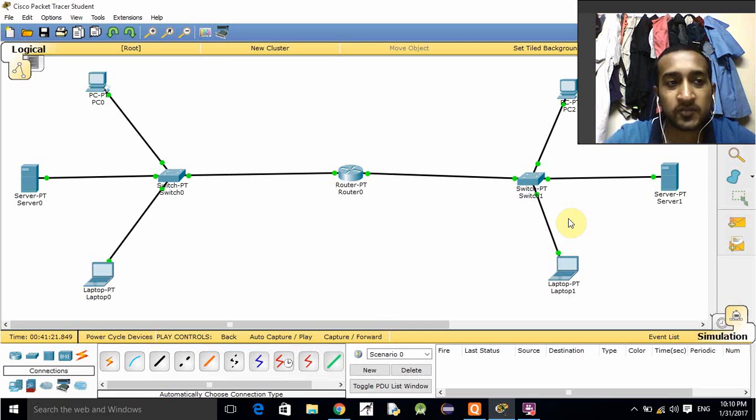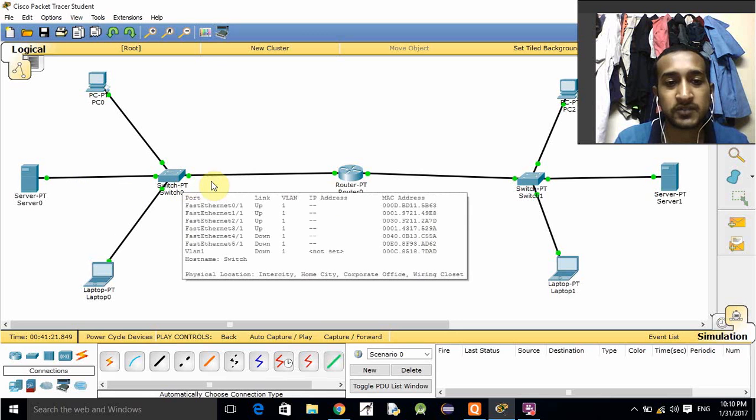With the help of this Cisco Packet Tracer I am going to demonstrate how subnetting works. Firstly, we'll set some PCs and laptop server here, and one switch I used.